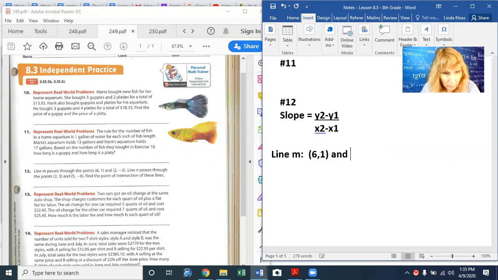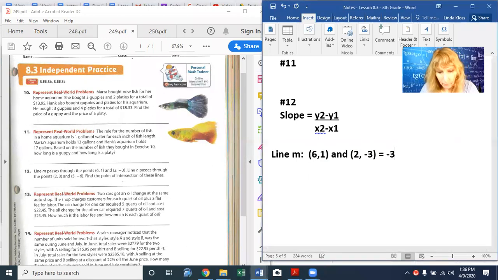We are given (6, 1) and (2, -3). So when we plug that in, y2 can be either one of these. So we're going to pick -3 minus y1, 1, divided by x2 minus x1. So let's put that in there.